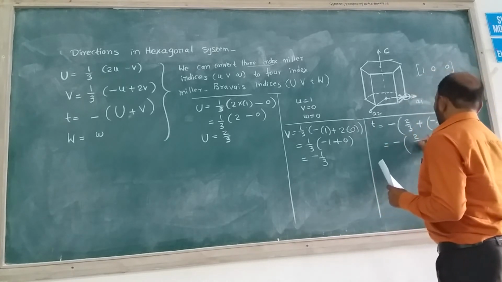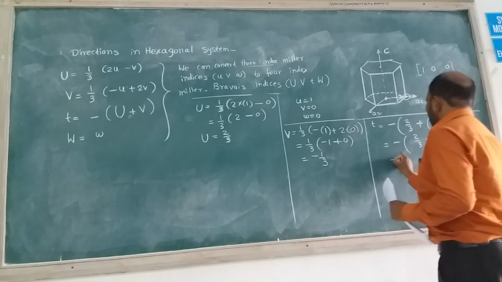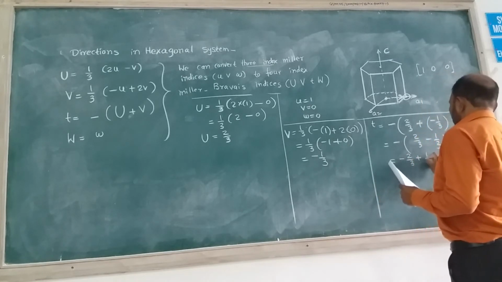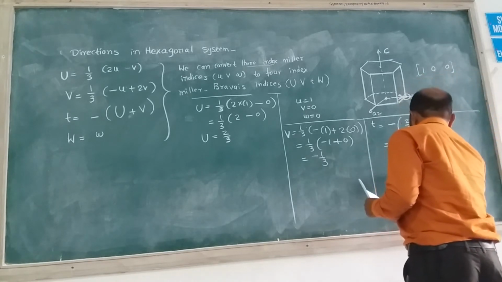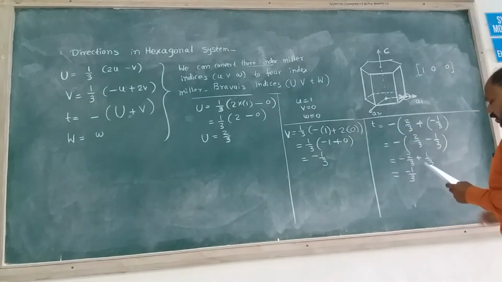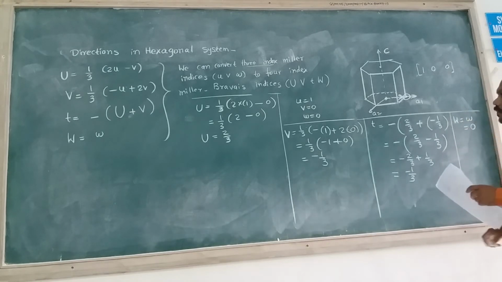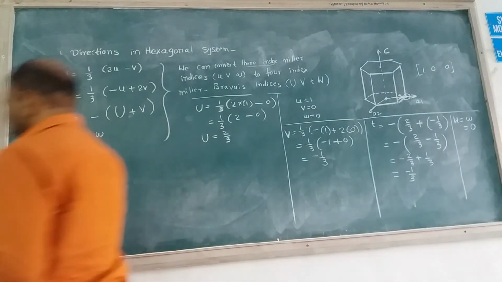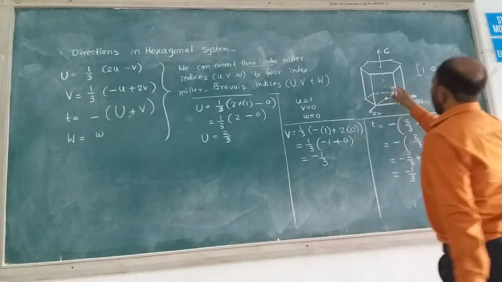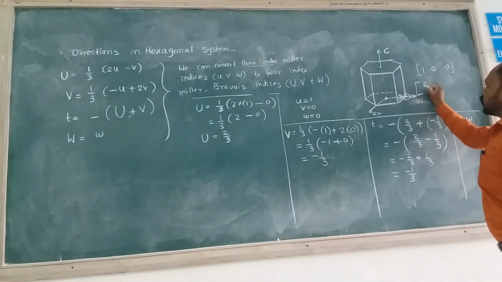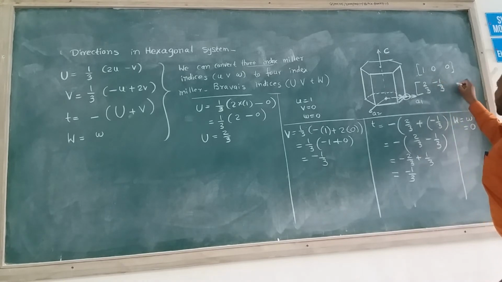So minus 2 upon 3 minus 1 upon 3, which gives the value minus 1 upon 3. This is the T value, and the W value is 0. So in this case, the Miller-Bravais indices values become 2 upon 3, minus 1 upon 3, minus 1 upon 3, and 0.